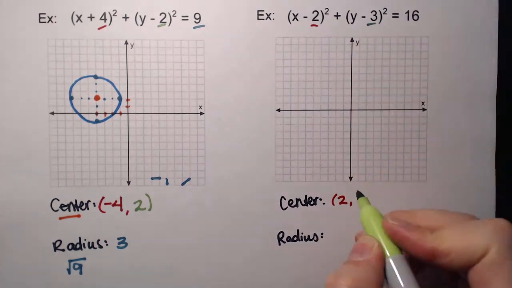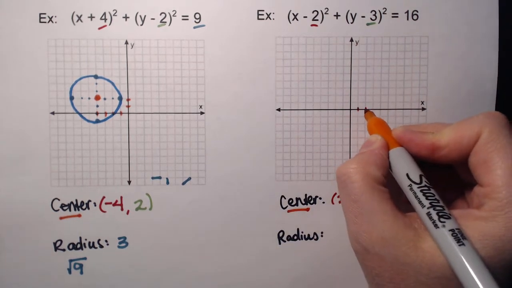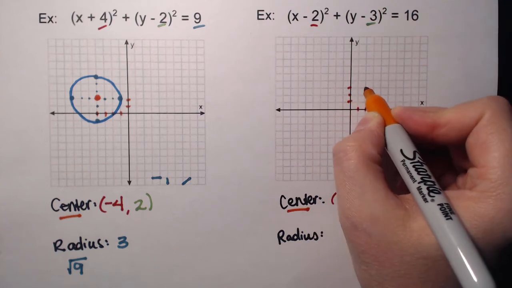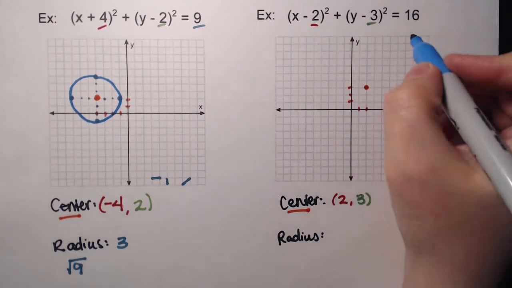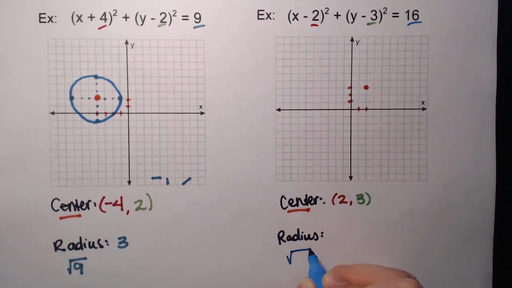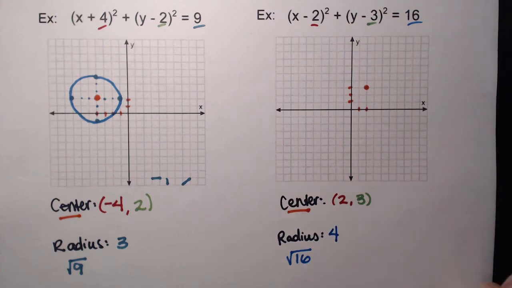So if I look at the center on this next one, I get (2, 3). So I'm going to go ahead and graph that point. The center on this one is (2, 3). And then for the radius, we take the square root of 16, and that gets 4.